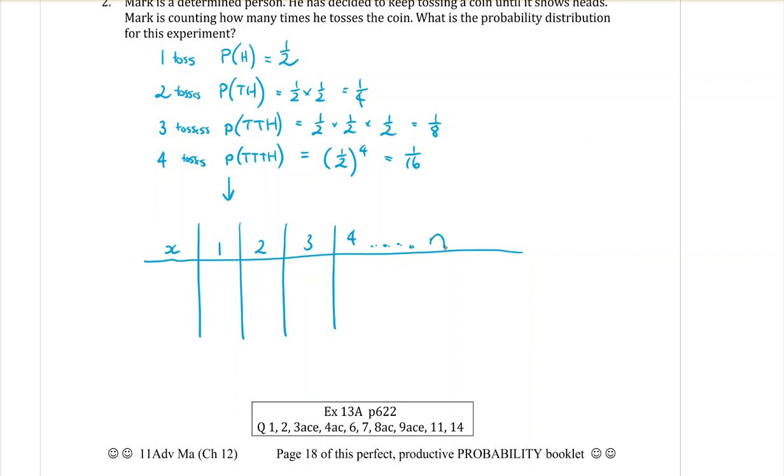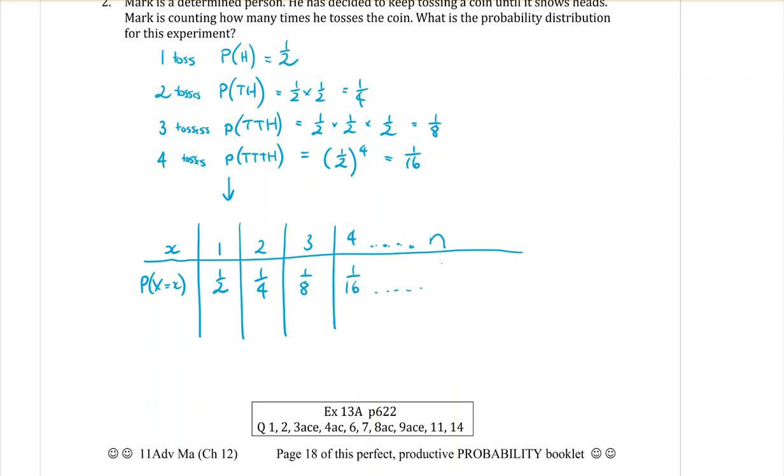N is the variable that we usually use for indicating an unknown number of tosses. So for 1, our probability was a half. For 2, it was a quarter. For 3, it was 1/8. For 4, it was 1/16. Dot, dot, dot. For n, what is it going to be?